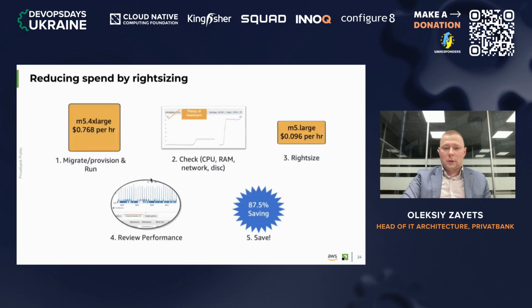Let's look into each of them in detail. What does right sizing mean? On-prem, when we calculate the performance of instances, we take into consideration high peaks for business seasons.